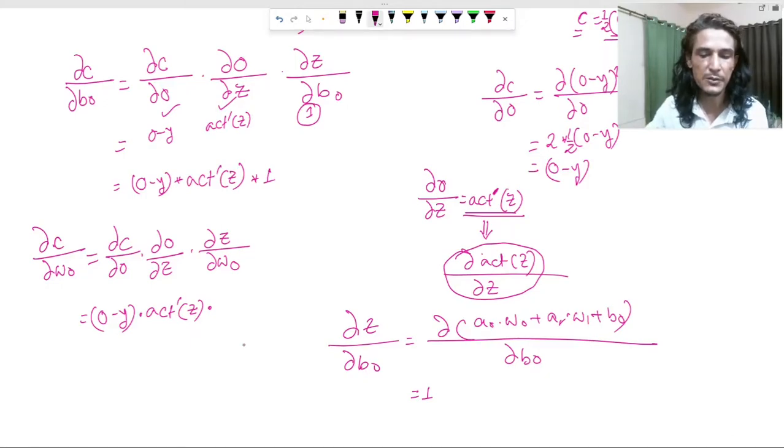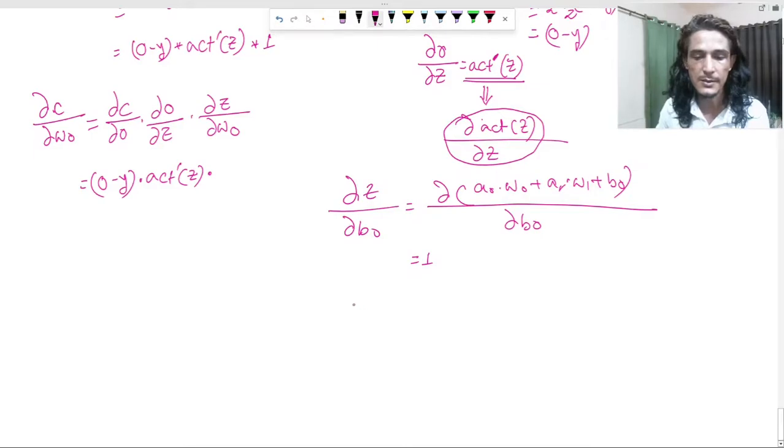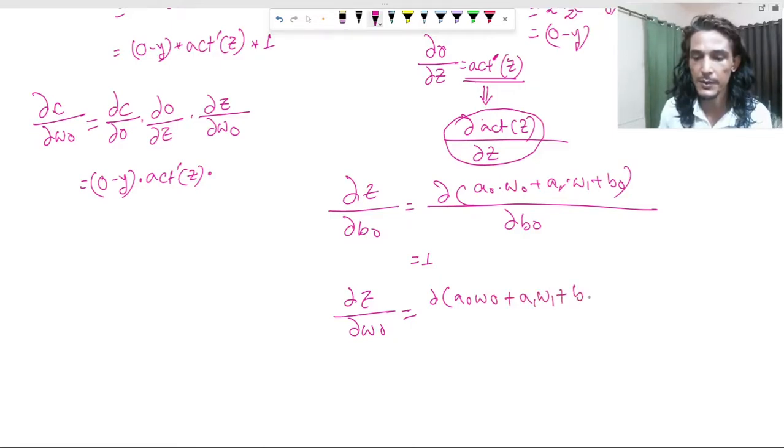If you want to compute dZ by dW0, then instead of writing dB0, we're writing dW0, and you can see that Z is A0 W0 plus A1 W1 plus B0. Only this term has W0 and the other terms do not have W0, so they are all 0.